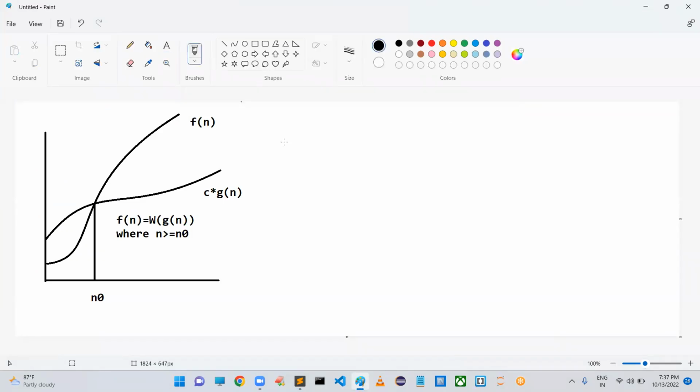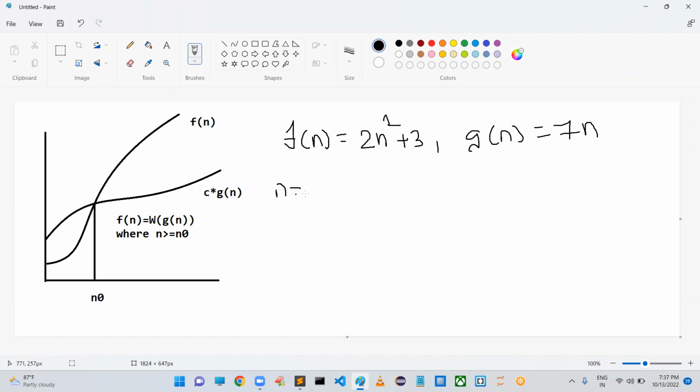So f of n is 2n square plus 3, and your g of n will become 7n. We need to trace it out. When n is equal to 1, f of n is 2 into 1 square, 2, plus 3, which is 5. g of n will become 7.